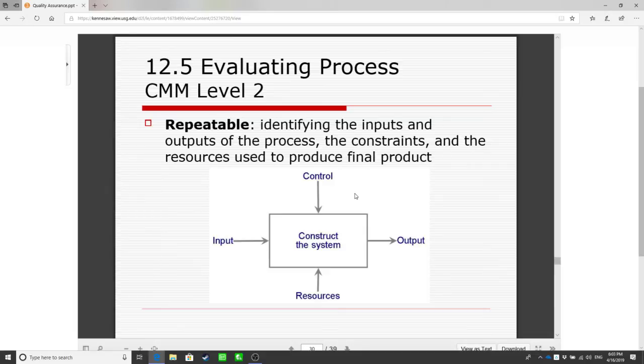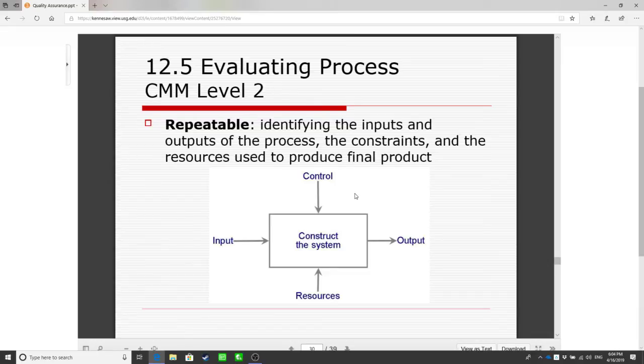And resource is more about these constraints, the time you have, the budget you have. So given these requirements and our management, our resources, we generate the product.